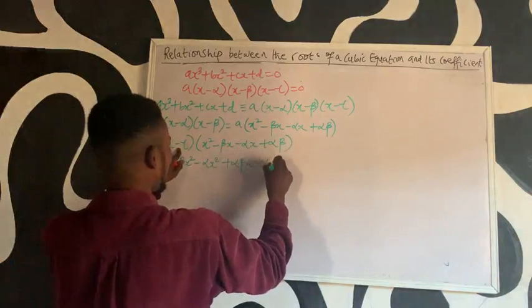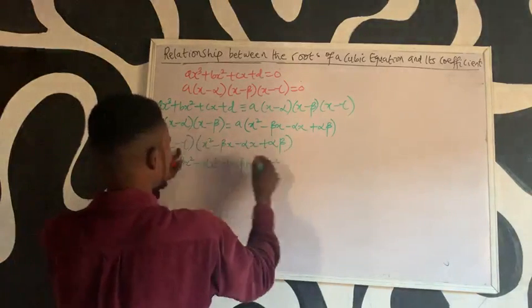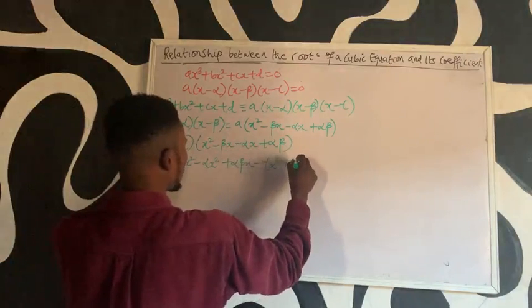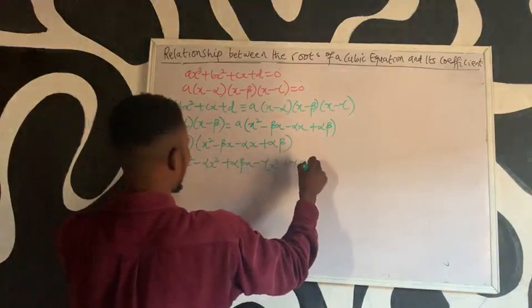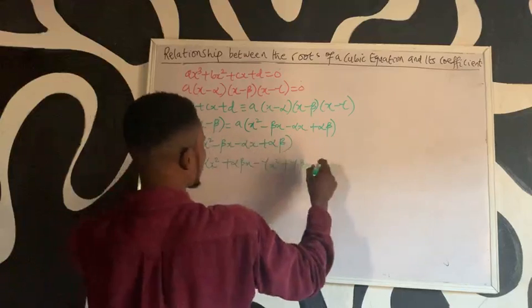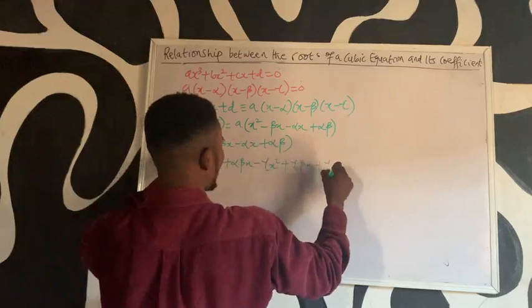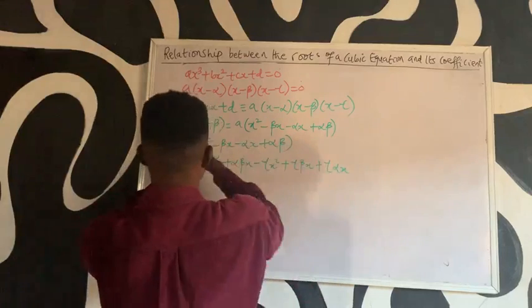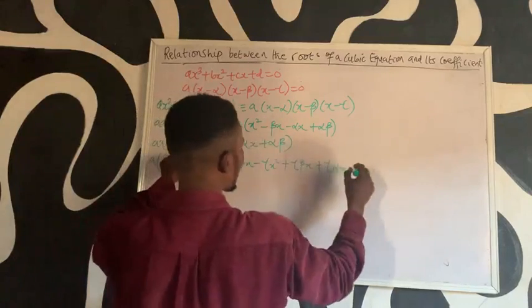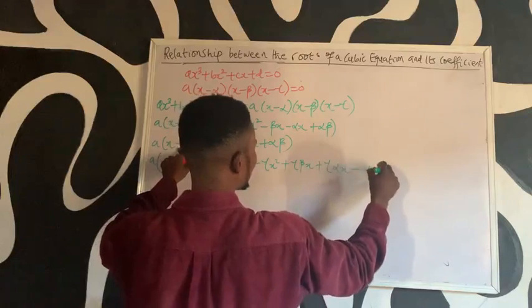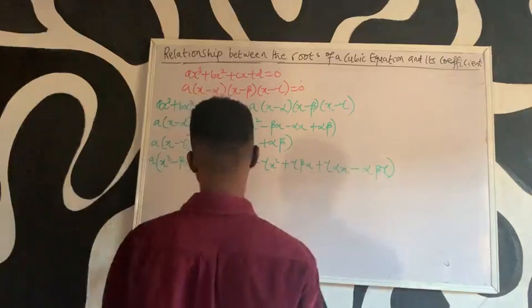Then use this to multiply the entry. Minus gamma x squared. Minus times minus is what? Plus gamma beta x. Minus times minus is what? Plus gamma alpha x. Minus times plus is what? Minus alpha beta gamma.